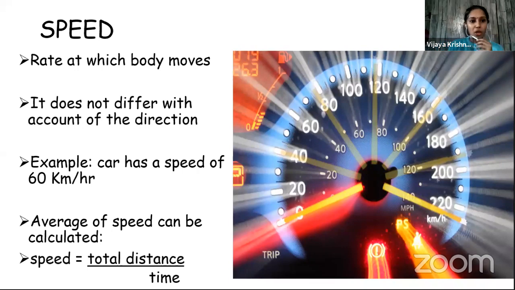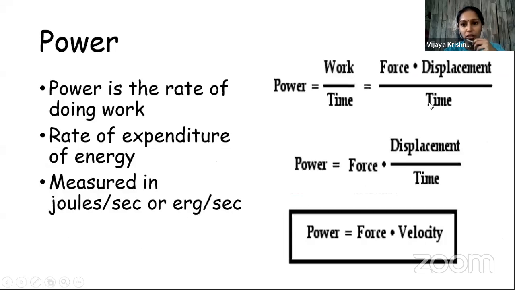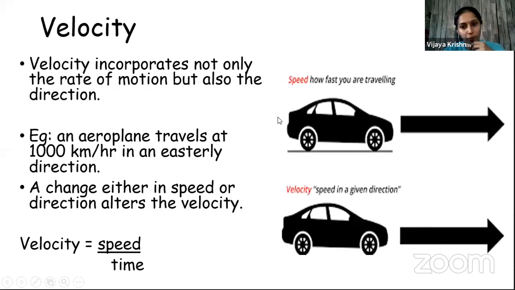The next important concept that we come across is velocity. Velocity is, in simple words, speed with direction. So velocity incorporates the rate of motion but also the direction in which it moves. Speed means how fast you are traveling; velocity means how fast you are traveling and in which direction.